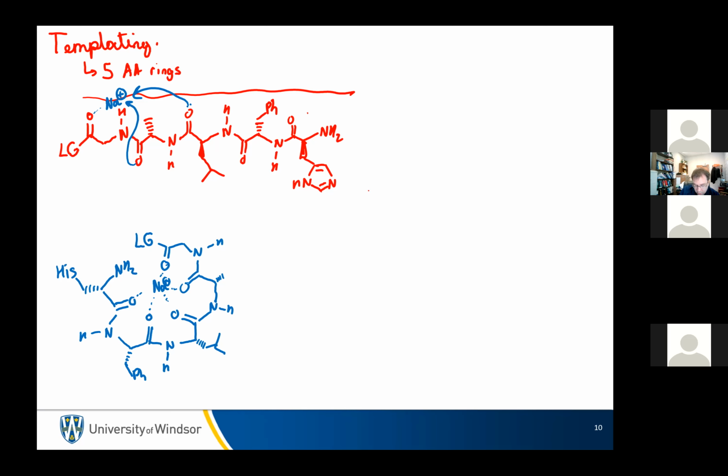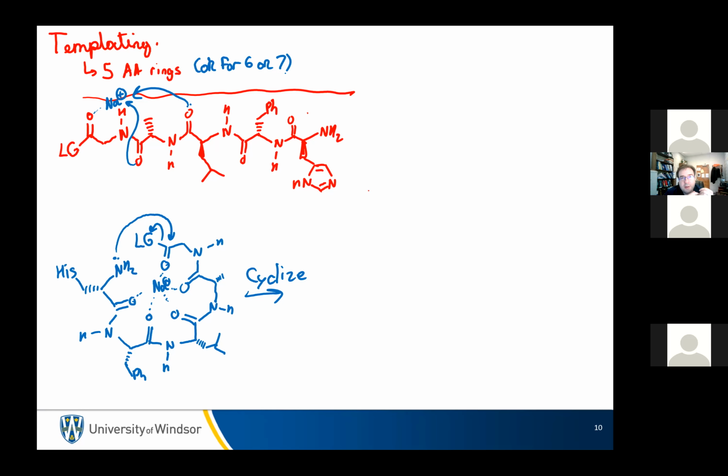And because 1, 2, 3, 4, 5 kind of brings us back into a ring, now this nitrogen is really close to that leaving group, and we cyclize. It's best for 5. It works okay for 6 or 7. It's still not amazing. Works really well with systems like this where the primary amino acids are mostly hydrophobic. It doesn't work great when they become hydrophilic because then they start competing for the sodium and the whole system falls apart. The examples where this has worked are beautiful.